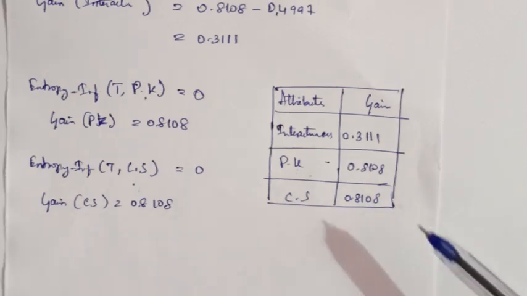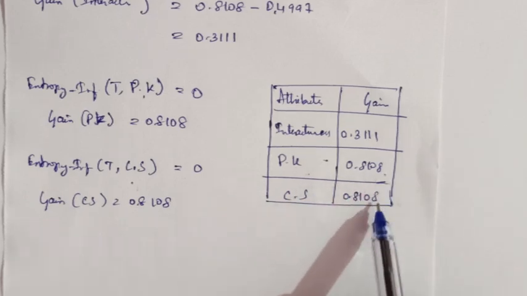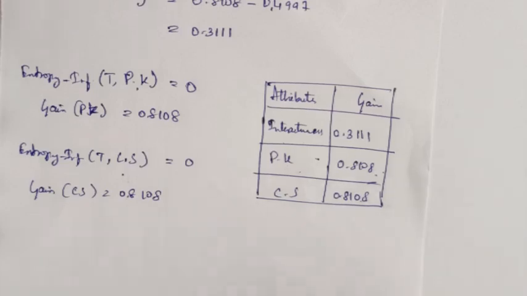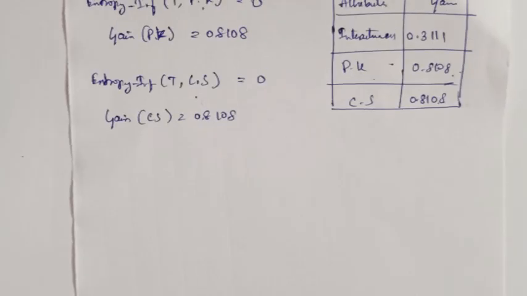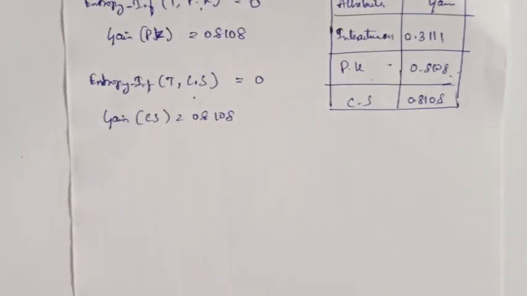Now consider the maximum gain; as these two have the same values, we can take this. We have to continue the previous decision tree, and we have to construct the new decision tree.